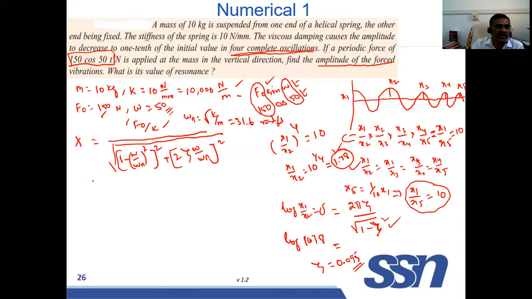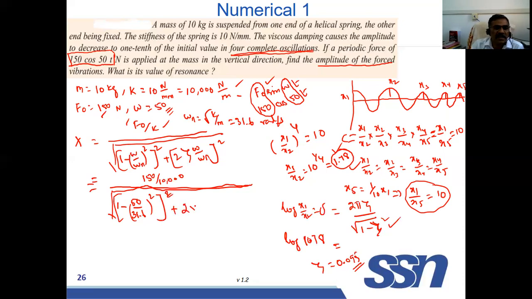Now you substitute and find the value of x. So now what is F0? F0 is equal to 150. 150 divided by k, k is equal to 10,000, divided by root of (1 minus (omega is equal to 50 divided by omega n is equal to 31.6) the whole square) plus 2 into psi.